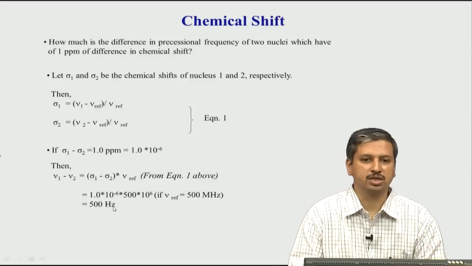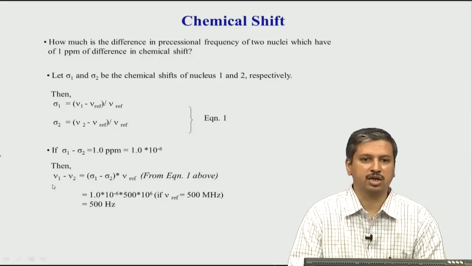So, what it means is suppose I have a 500 megahertz spectrometer in my laboratory, and I record a spectrum and I get two peaks which are separated by 1 ppm, then the separation between those two peaks in hertz is 500 hertz. All we have done essentially is a rule of thumb, a simple calculation: we have simply multiplied the spectrometer frequency 500 into 1.